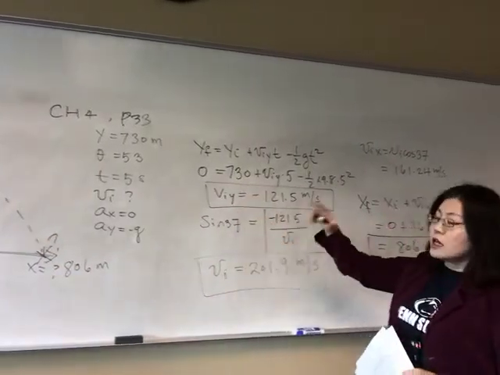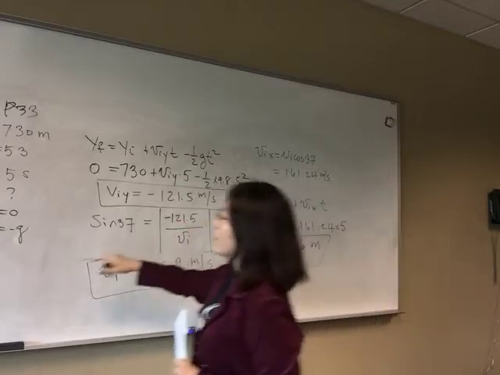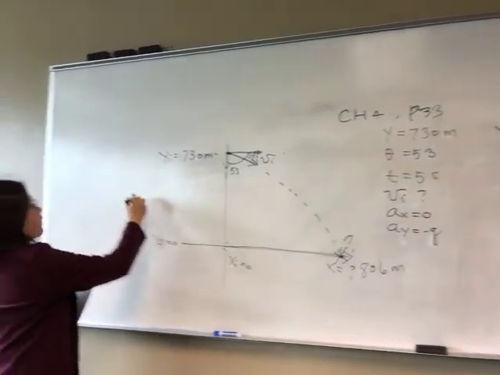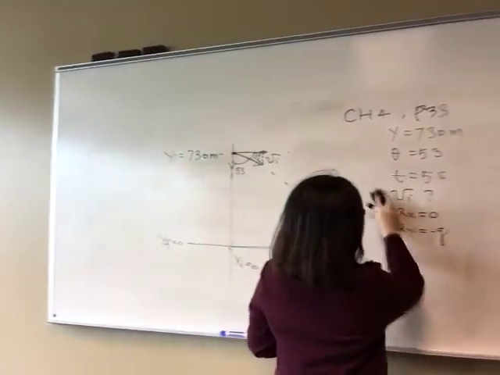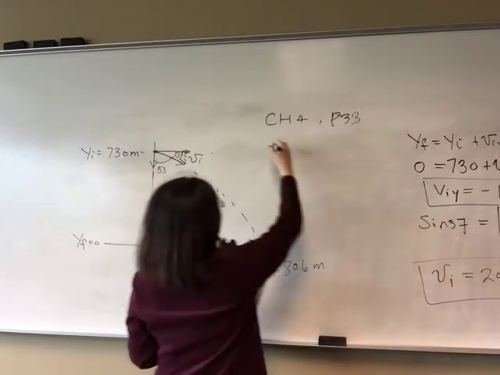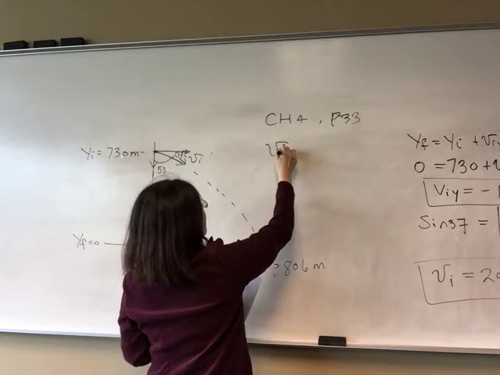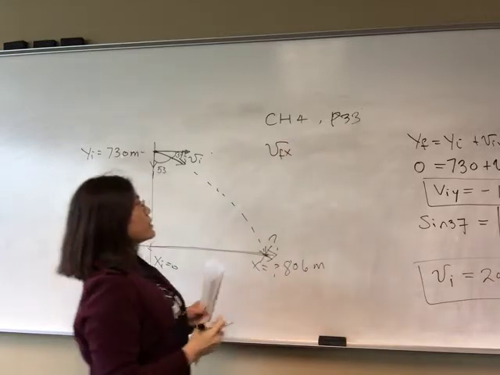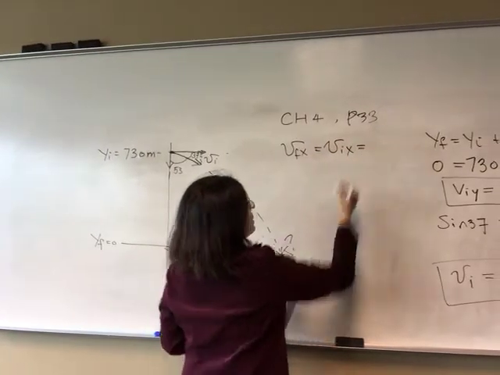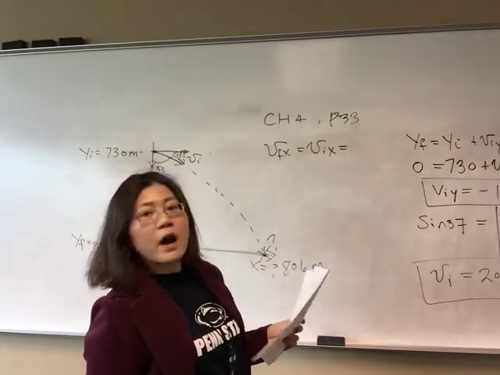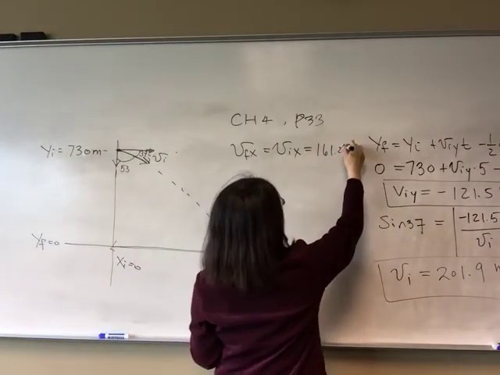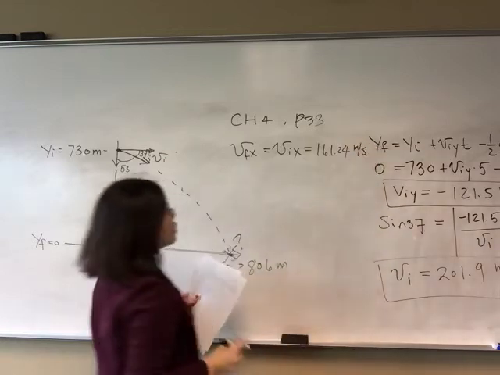Since there's no acceleration in the horizontal, your final velocity in the horizontal direction should be equal to your initial velocity in the horizontal direction. So your Vfx is equal to Vix, which is 161.24 meters per second. Okay, it does not change.